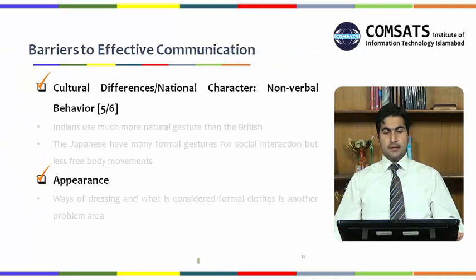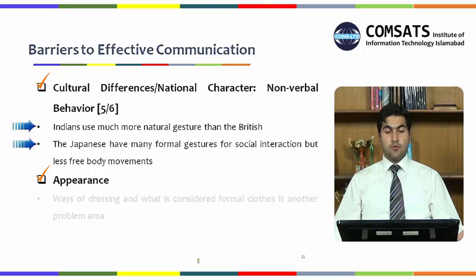Then of course there will be non-verbal behavior differences which are also expected. For example, Indians use much more of those natural gestures than the British, and Japanese have more formal gestures for social interaction but less for body movements. And in case of the appearance, we had a good lecture regarding the interview skills.